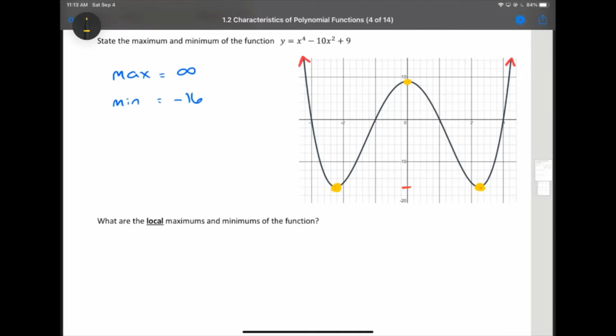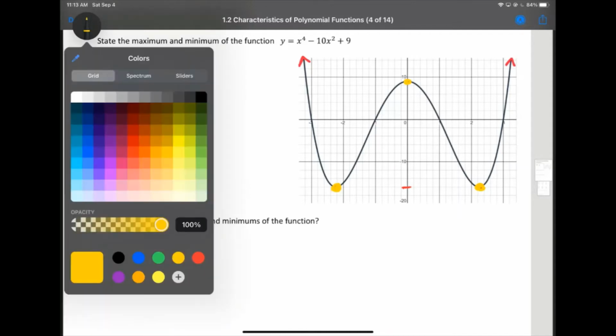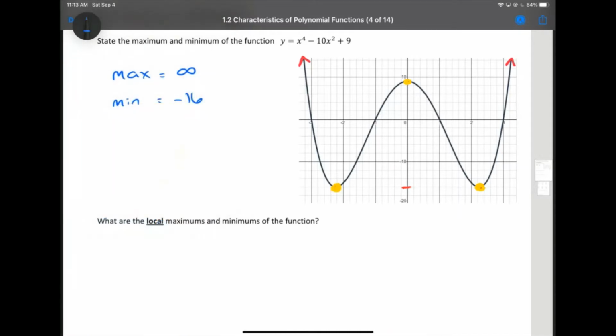And it occurs up there at x equals, looks like about 9.5, give or take. Sorry, 9, because we're going up by 2 each box. So we can put down that the local max is equal to 9, and the local minimums are equal to negative 16.